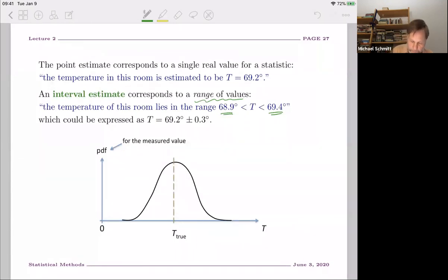And sometimes we write it this way as a central value plus or minus some value. So here we have a PDF for the measured value. Here's the true value. And the idea is that the measured value will be randomly fluctuating around the true value in some way like this.